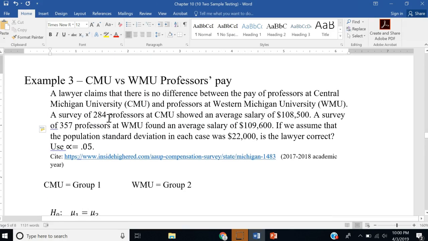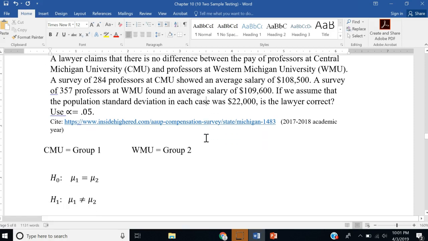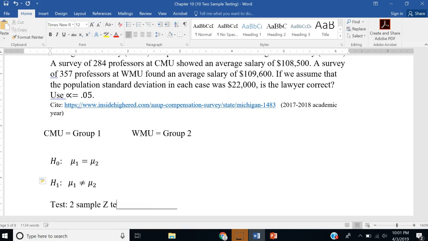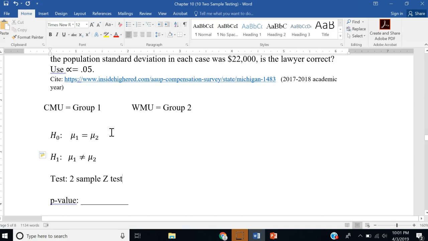Test. Now, which test should we use here? Well, we assume that we have a population standard deviation in each case. That means I'm going to use a 2-sample z-test. All right, population standard deviations, we use z. Sample standard deviations, we use t. Okay, now you can imagine what we're typing in here. We go to stats, tests, the 2-sample z-test is there.